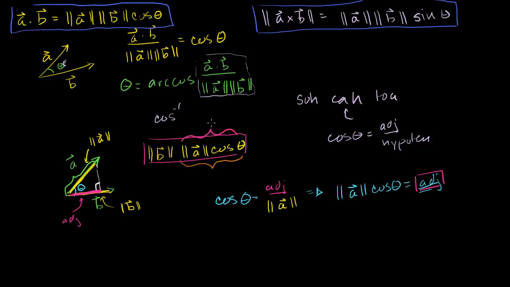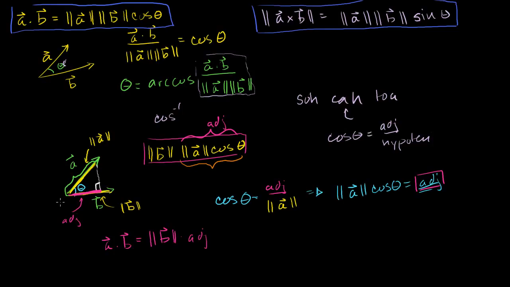So you can view A dot B as being equal to the length of vector B, that length, times that adjacent side.